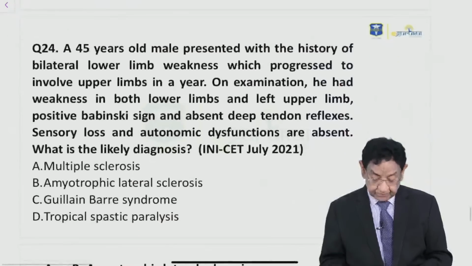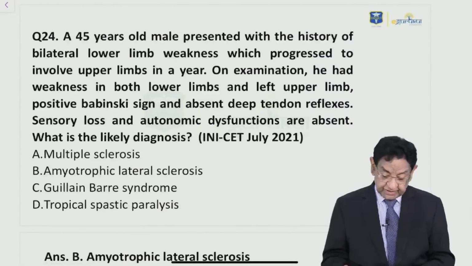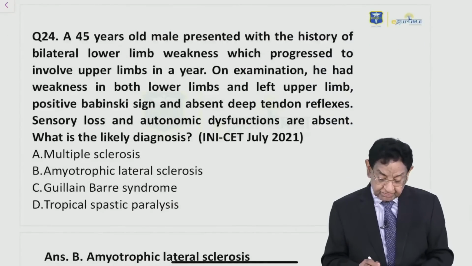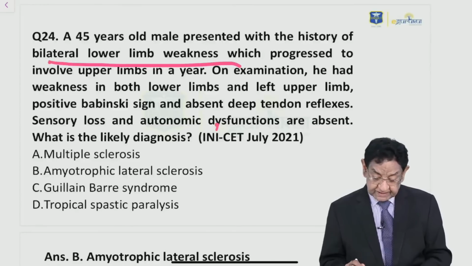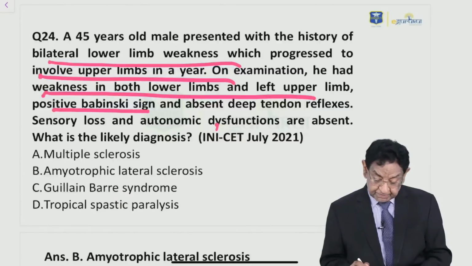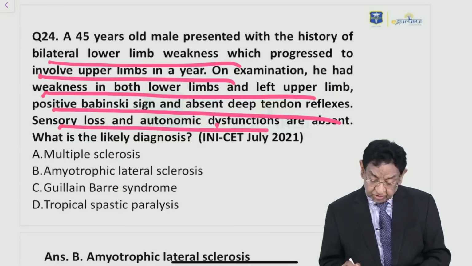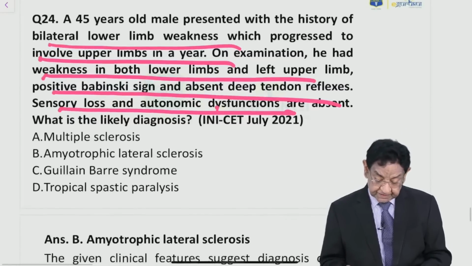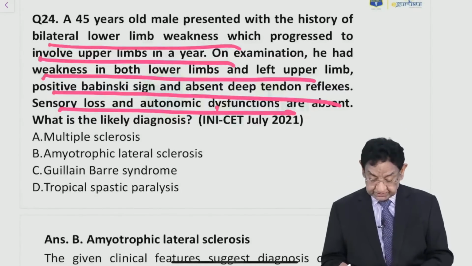Question 24. A 45-year-old male presented with a history of bilateral lower limb weakness that progressed to involve the upper limb in a year. He had weakness in both lower limbs and the left upper limb, positive Babinski sign, absent deep tendon reflexes, and sensory loss and autonomic dysfunction are absent. Most likely diagnosis?